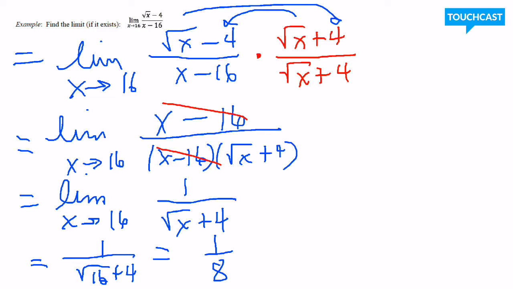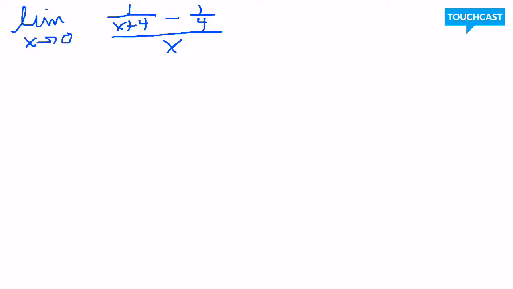Here's one more example. This is about as complicated as the algebra we might do this year, maybe. But here we're going to need a common denominator. What we have here is a complex fraction.